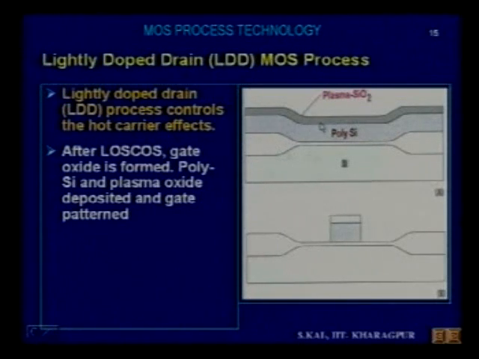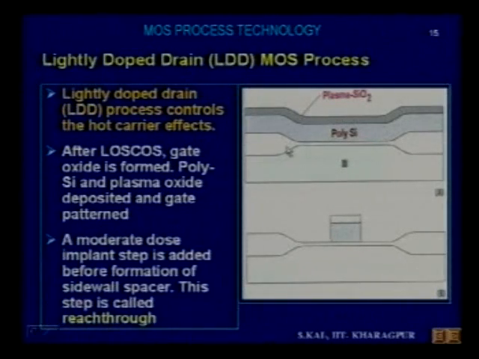After that you deposit polysilicon, and on top of the polysilicon, plasma silicon dioxide is deposited. And then the gate region is patterned, because this is the gate region, the MOS active region. The gate region is patterned using lithography technique.